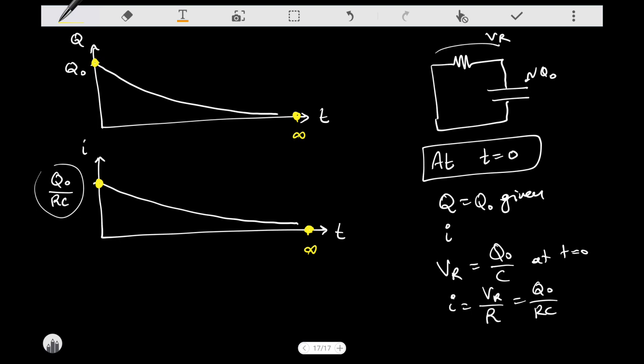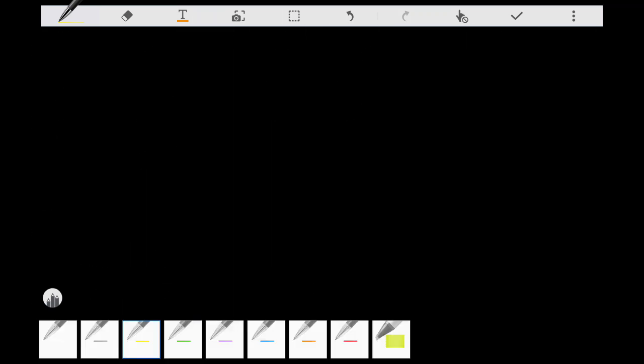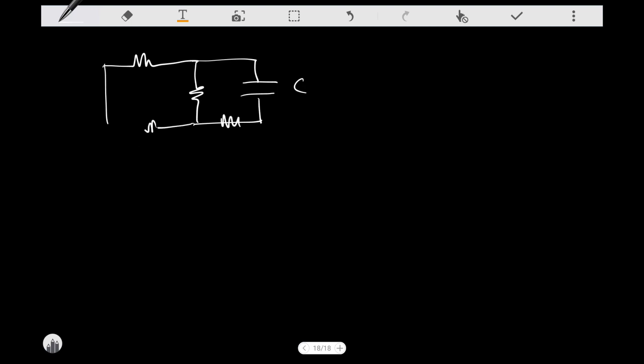So this gives us an idea, actually, about solving some complicated circuits. Let me just draw some complicated RC circuit in here. Let's say that I have only one capacitor. This doesn't work for the case where there are two capacitors, right? So let's say that I would like to compute the current at that branch as a function of time.